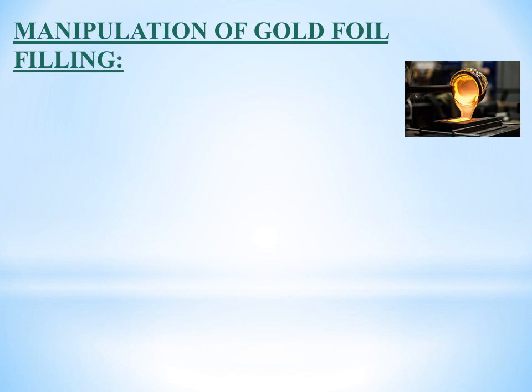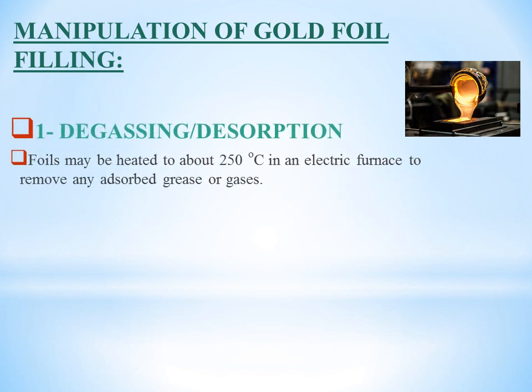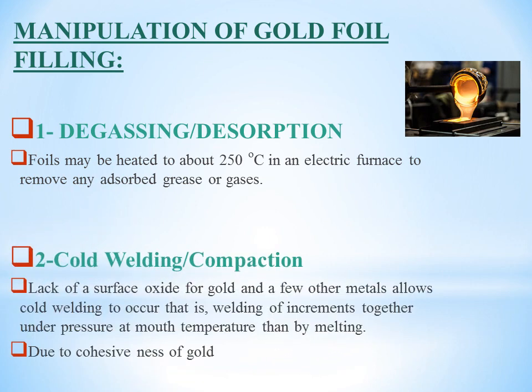Now let's move on to the manipulation of gold foil filling. This is a chairside procedure. So there are basically two main steps when you carry out gold filling. First of all, you are required to do the degassing or desorption. And what we do is that we heat the foils to about 250 degrees in an electric furnace to remove any of the adsorbed grease or gases or impurities, because we want to enhance its cohesive properties so that they may cohere to each other.